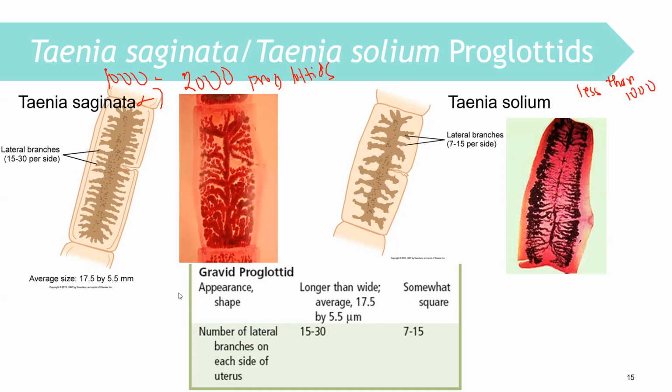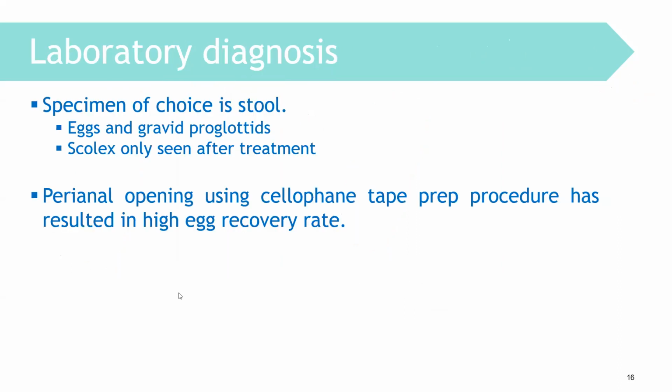Sabi sa book, average of 848, at ito daw ay 1,048. The laboratory diagnosis for this one is the finding of the egg and the gravid proglottids in the stool.